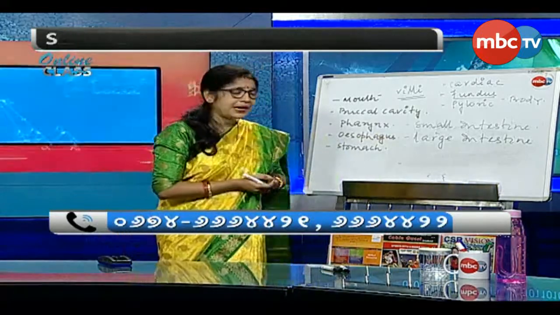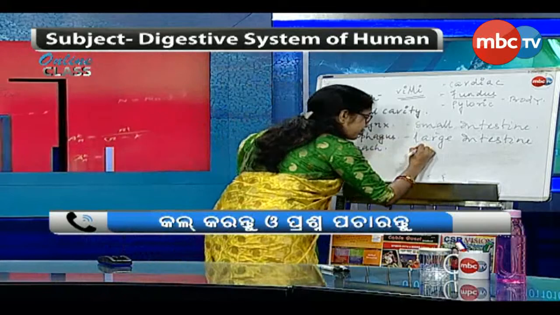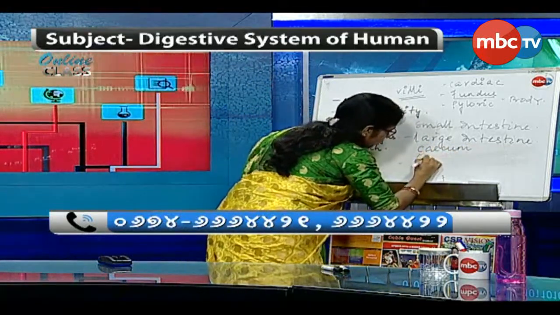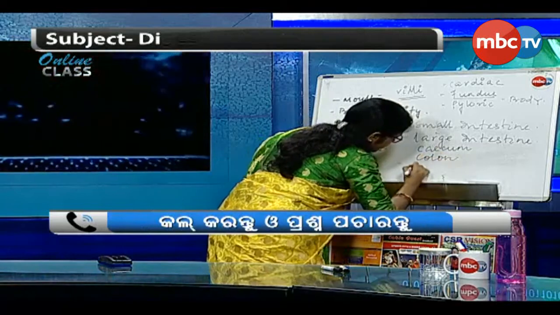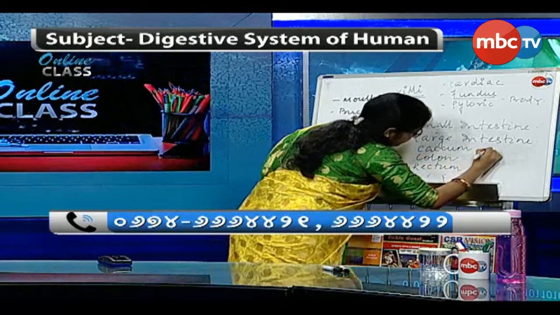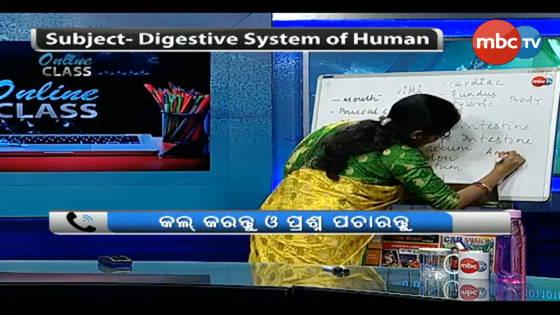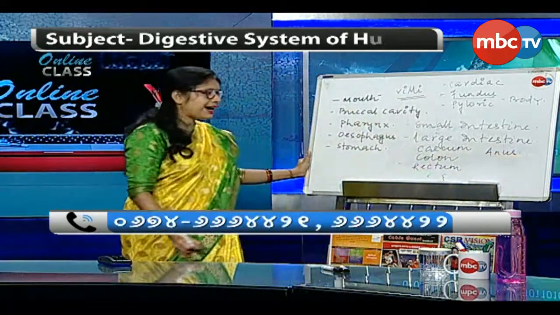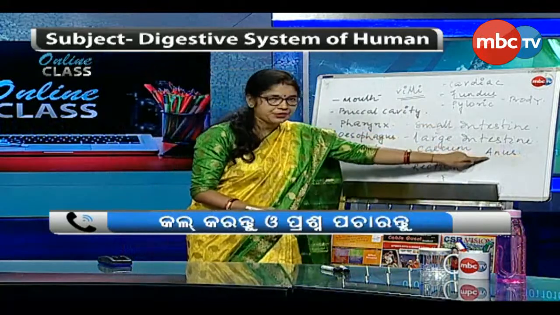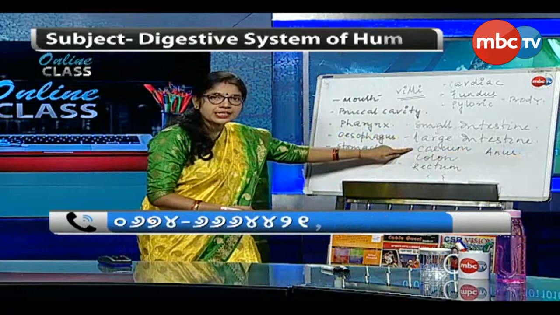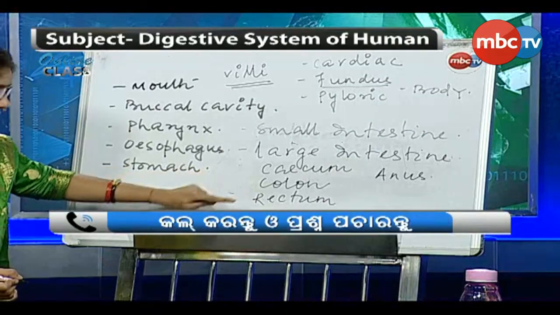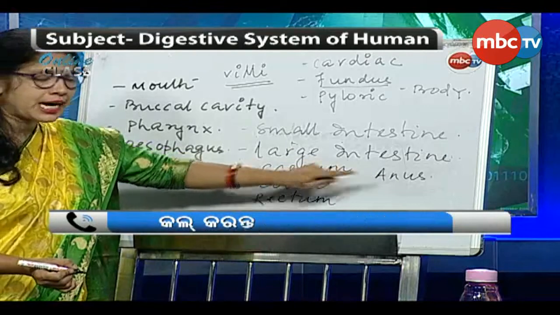It is divided into cecum, colon, rectum, and anus. So, the large intestine is divided into 4 different parts. The first one is cecum, second one is colon, third one is rectum and fourth one is anus.